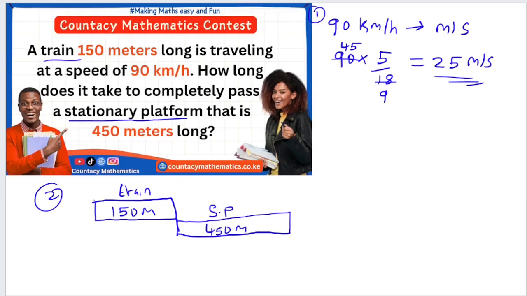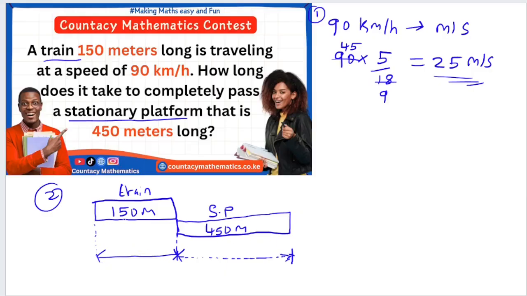Therefore, the distance that this train is supposed to cover to completely pass this platform is this part right here, from here to here, and then it should also pass this distance from here to here, which is 450.